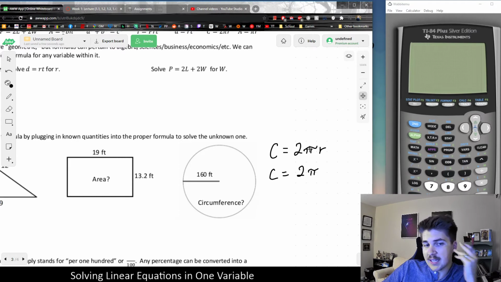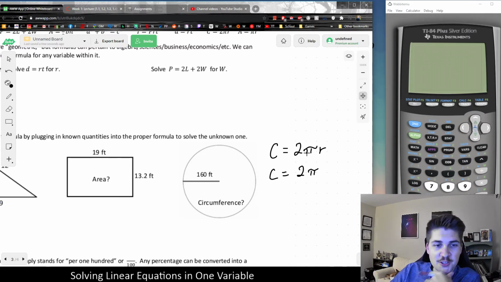Oftentimes we use Greek letters to stand for constant values, like pi, which you probably remember is approximately 3.14. But pi is a very complicated number, too complicated to get into right now. Humans have spent hundreds, or maybe even thousands of years trying to understand it better.